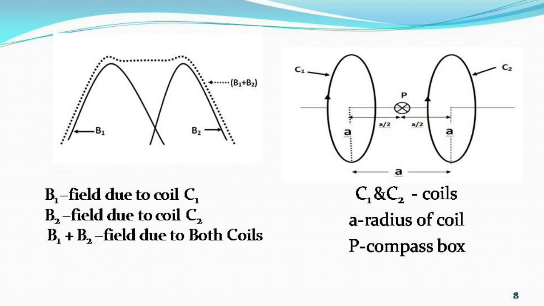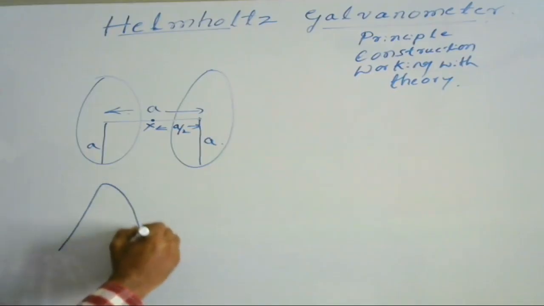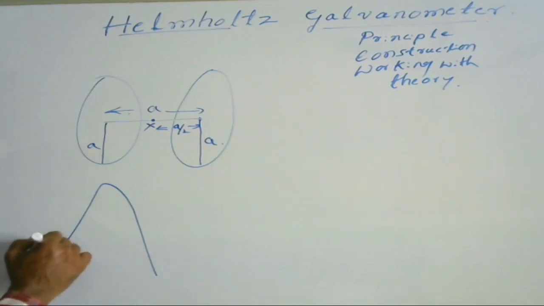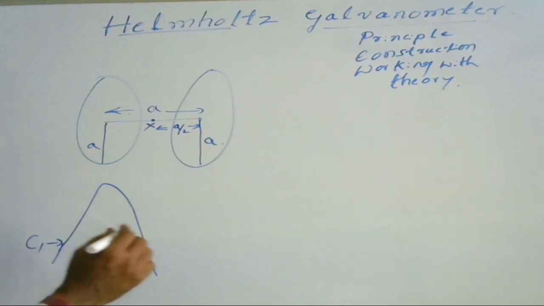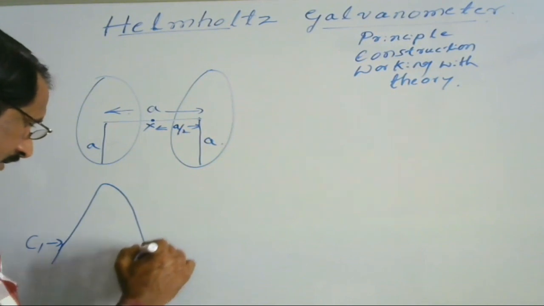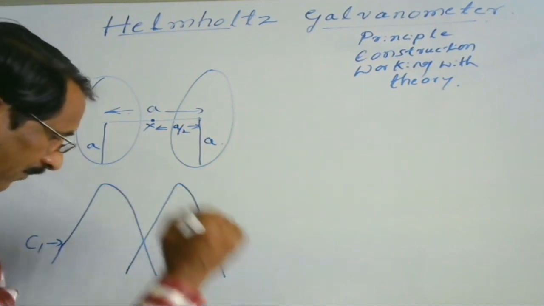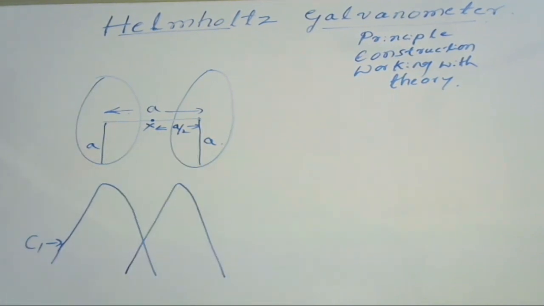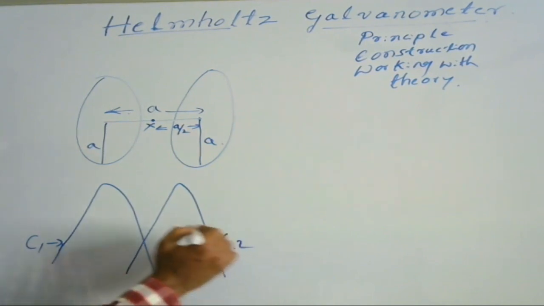Graphically, we can represent the field formed due to these two coils like this. This is the magnetic field pattern formed due to the coil C1, and this is the magnetic field pattern formed due to the coil C2.